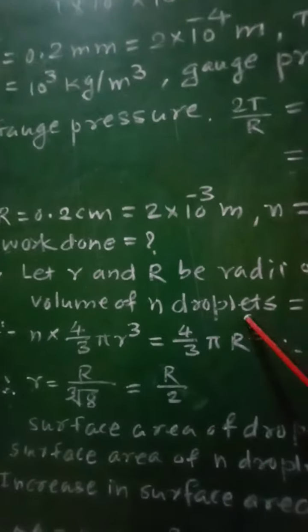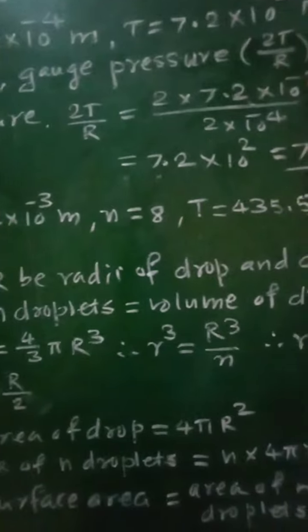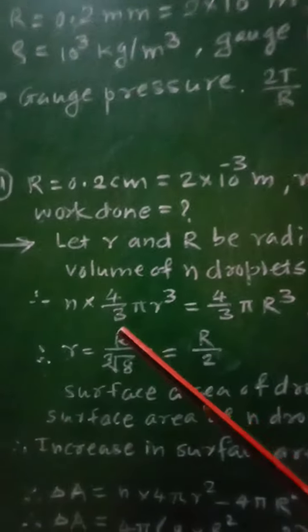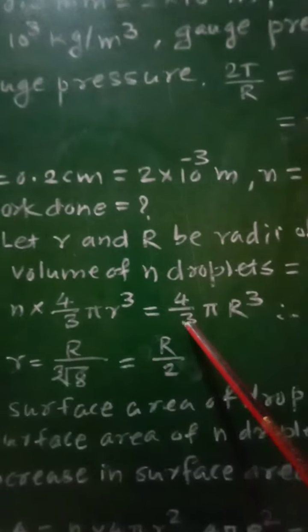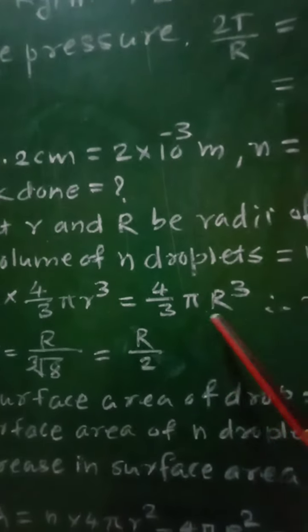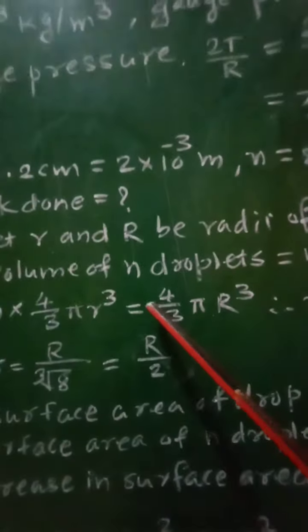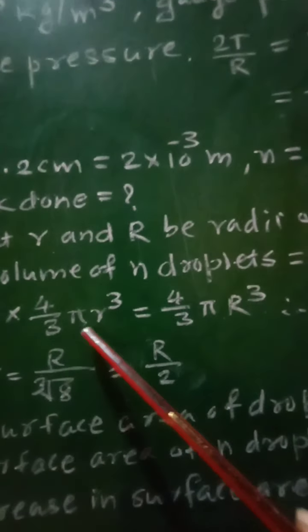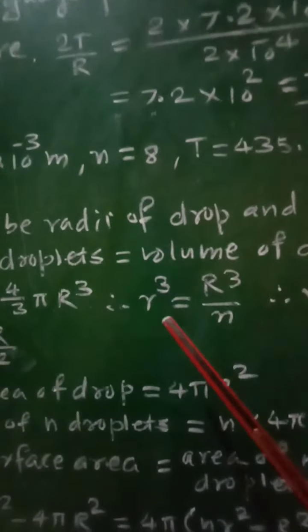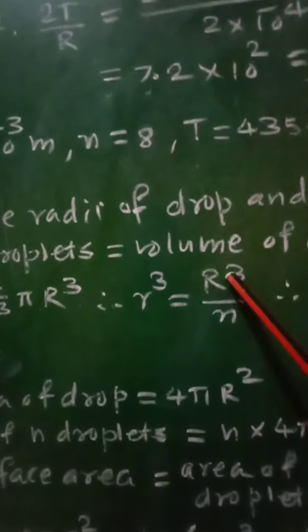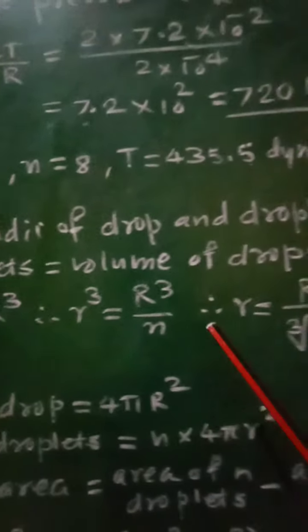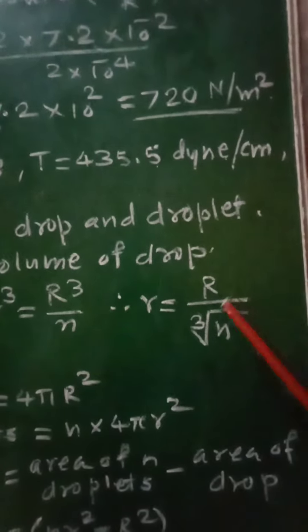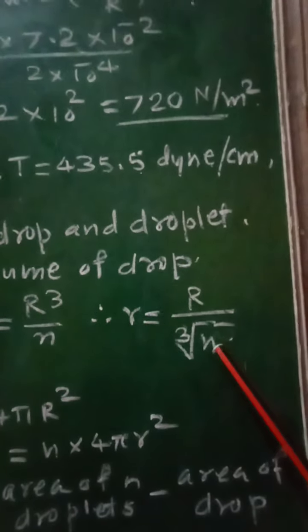Volume of n droplets equal to volume of the drop, and therefore we can write n into 4 by 3 pi r cube must be equal to 4 by 3 pi R cube. Cancelling 4 by 3 pi, we will get here r cube equal to R cube by n, or r equal to R upon cube root of n.